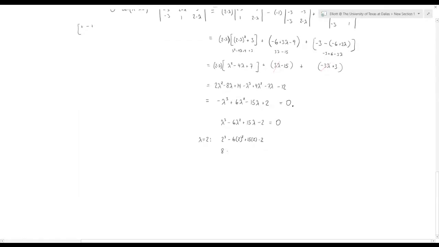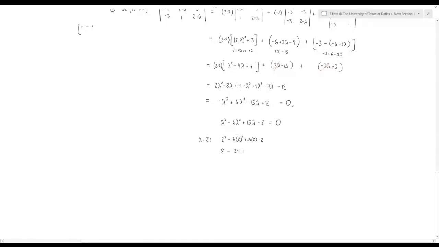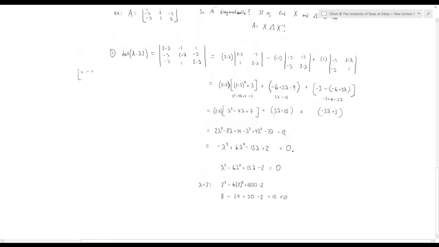That's going to be 8 minus 24 plus 30 minus 2. Minus 24 plus 30 is 6. Oh, not quite. It's 6 plus 6, so it's 12. That doesn't work. I might have messed up this example.